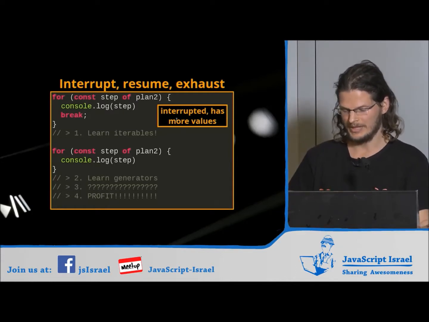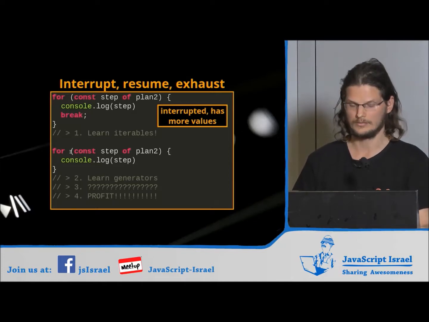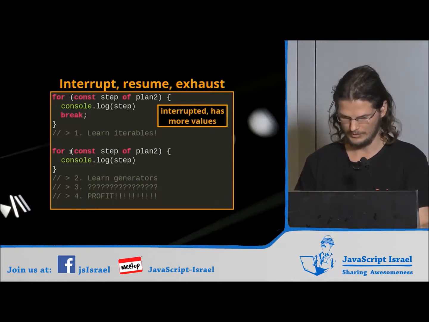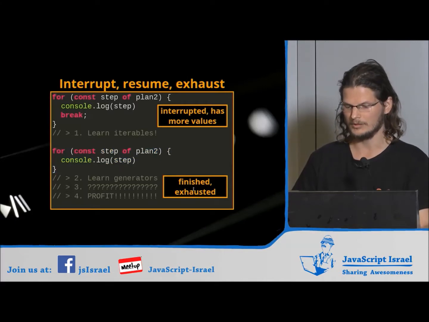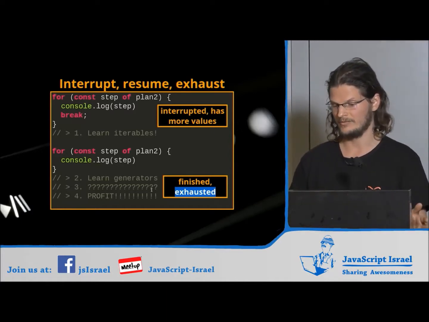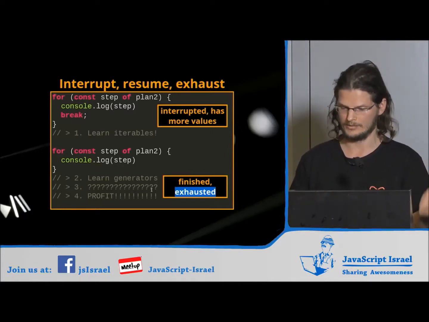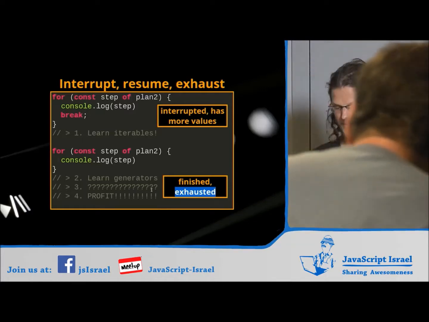But the iteration has been interrupted or paused, and we're kind of in the middle. So we can actually proceed or resume the iteration by just doing the same thing and not breaking this time and reaching iterator exhaustion. So an iterator, which is finite, meaning it has a certain number of members which will end at a certain point in time, when it does end, it's called that it's been exhausted.